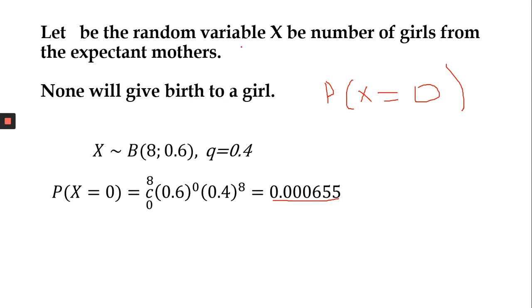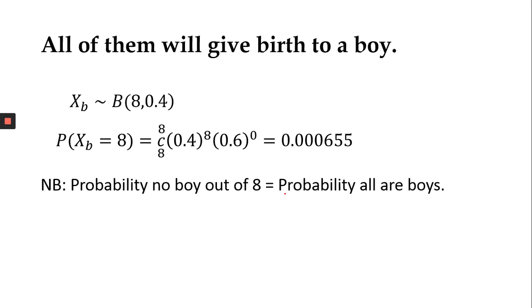But out of 8 expecting mothers, you are told that none will give birth to a girl. So you can see the probability is very small, closer to zero, because of the nature of the information given. Now let's move on. All of them will give birth to boys.